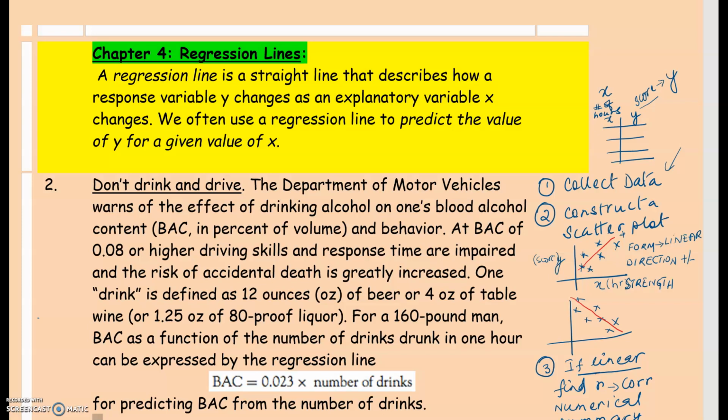It is possible that certain relationships are negative, so that's the direction. When I say direction, it's positive or negative. So in the first case, a positive relationship is as x increases, y increases. In the second case, as x increases, y decreases. This is a negative relationship.